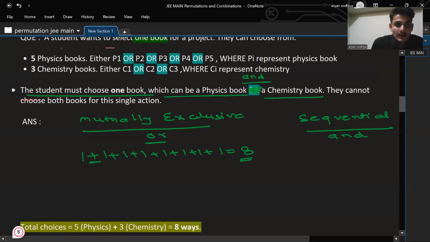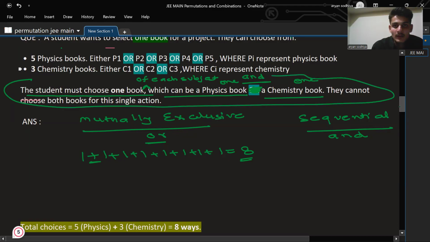And is here. In place of one book, let's say one book of each subject is here. The student must choose one book of each subject, which can be one physics book and one chemistry book. This is the question now. Let me rewrite this whole line again, and the other part is the same.